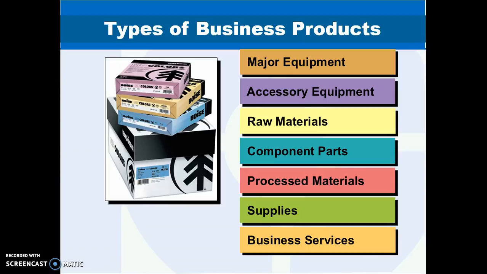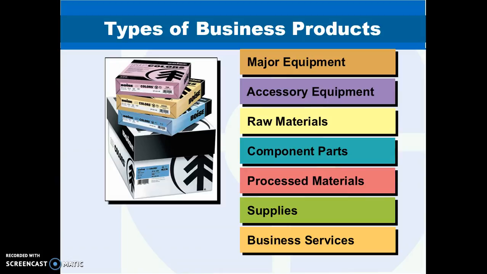And a couple of differences you will see between these different product categories is that the nature of the relationship changes when you move from a product category such as supplies to that of major equipment versus business services. The relationship for a business service is usually much more close between the buyer and the seller. That is not the case when it comes to supplies. The relationship does not have to be all that close.